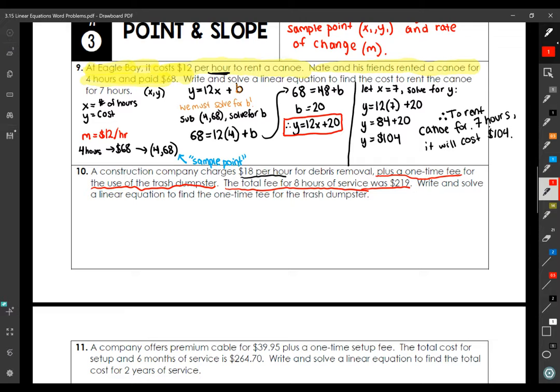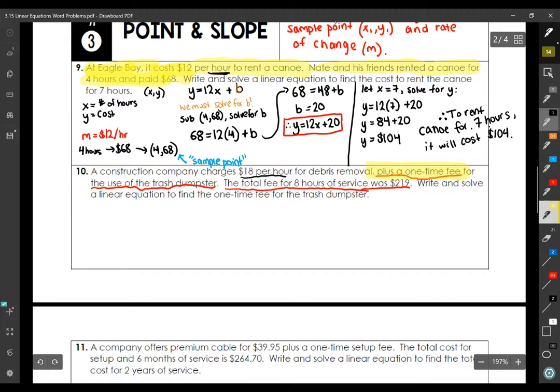So it's asking us to find the initial value actually. Let's go ahead and do that. I'm going to create my equation and figure out what my one-time fee is. X and Y, we have to identify those first.